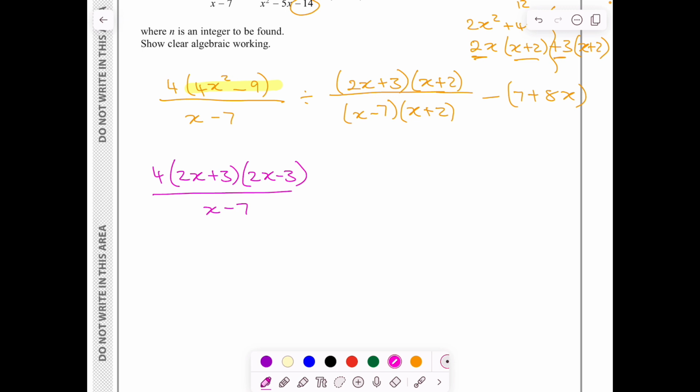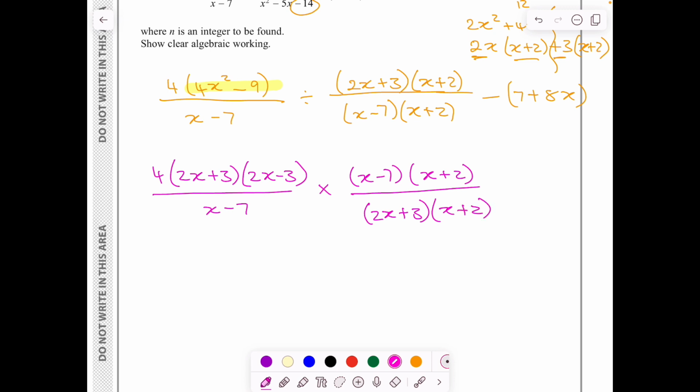I'm going to go ahead and flip this second fraction. Remember, when you're dividing fractions, you can change the sign to a multiplication sign and flip the second fraction. So the x minus 7 times the x plus 2 goes on top, and then the 2x plus 3 and the x plus 2 goes on the bottom.